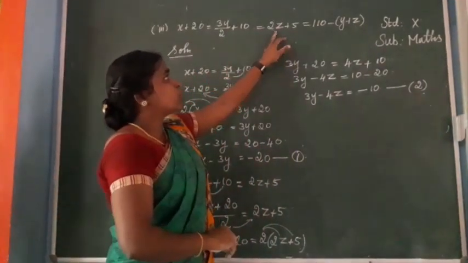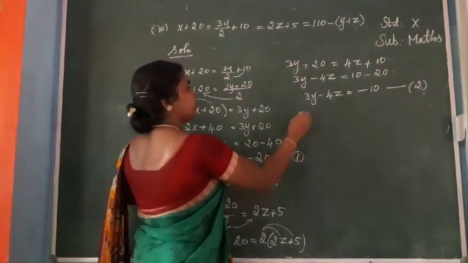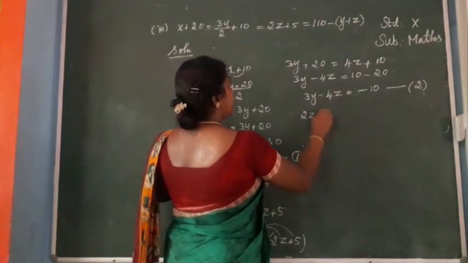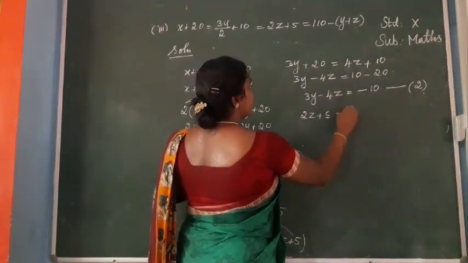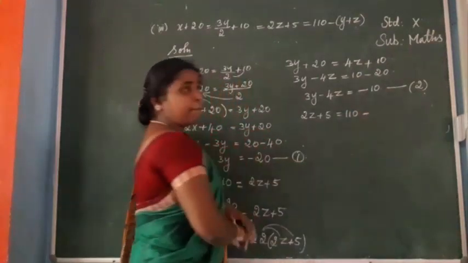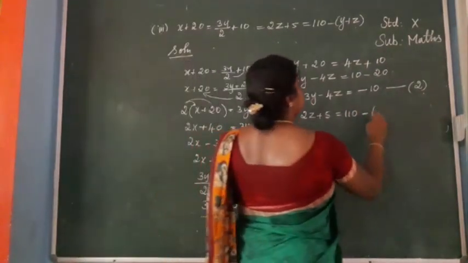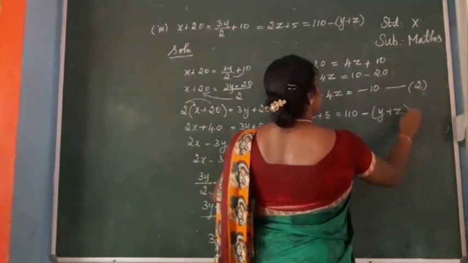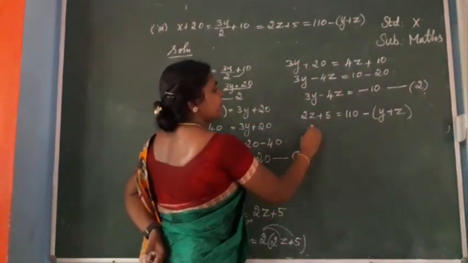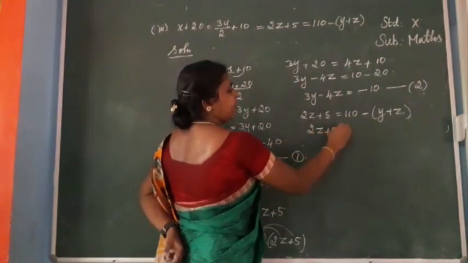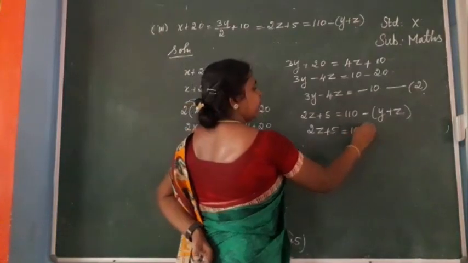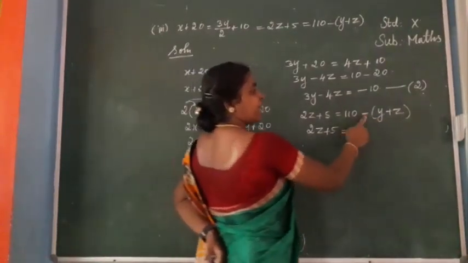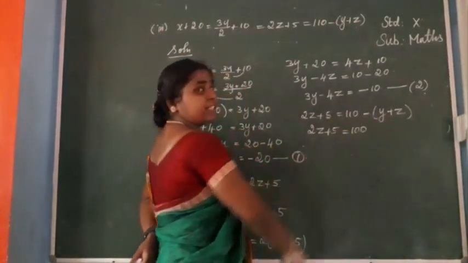The third one is 2z plus 5 equal to 100 minus y plus z. Okay. Now you see 2z plus 5 equal to 100. First you have to remove the bracket. One minus is there, so you have to multiply with minus.